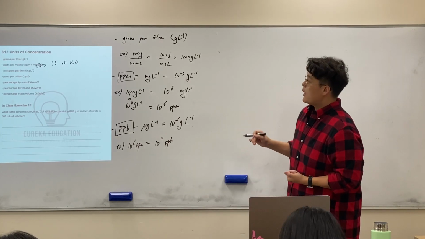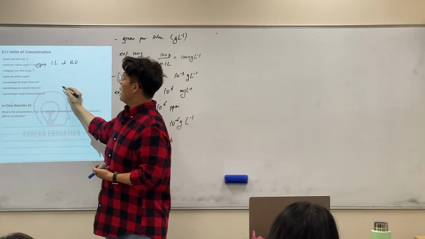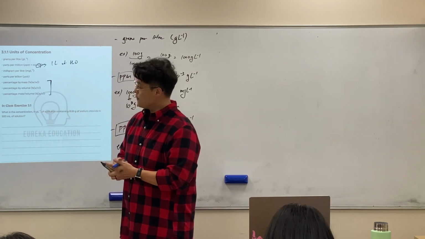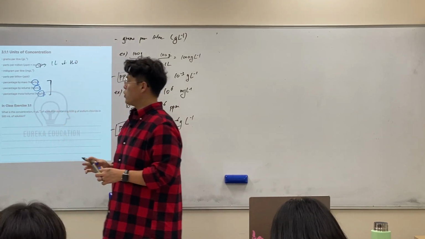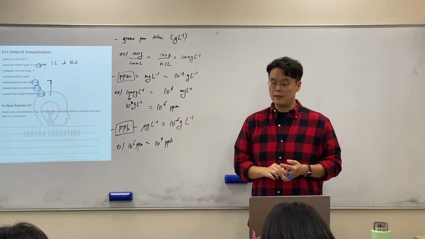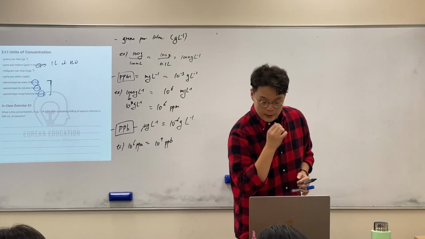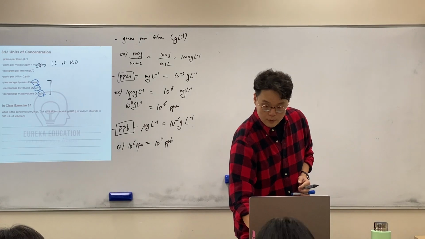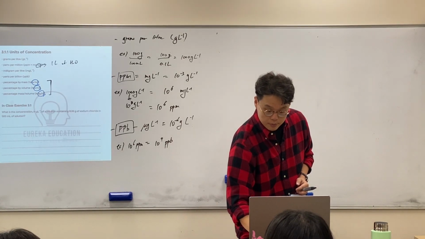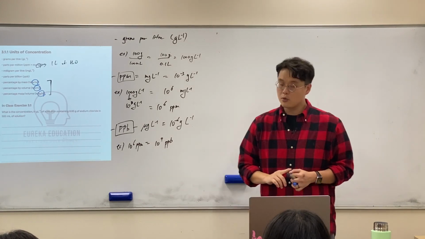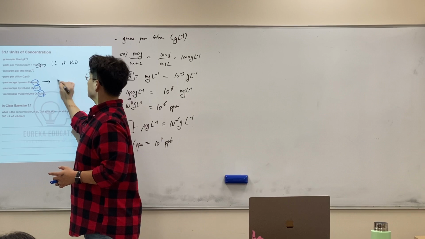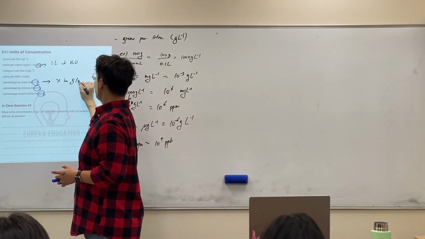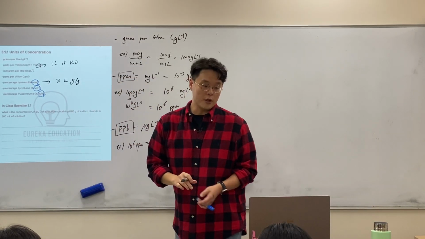Okay, we also have some percentage values here. I would like you to focus on weight per weight, volume per volume, and weight per volume. So we can have different percentage values like that. Weight per weight simply means grams per gram, the same as percentage in grams per 100 grams.